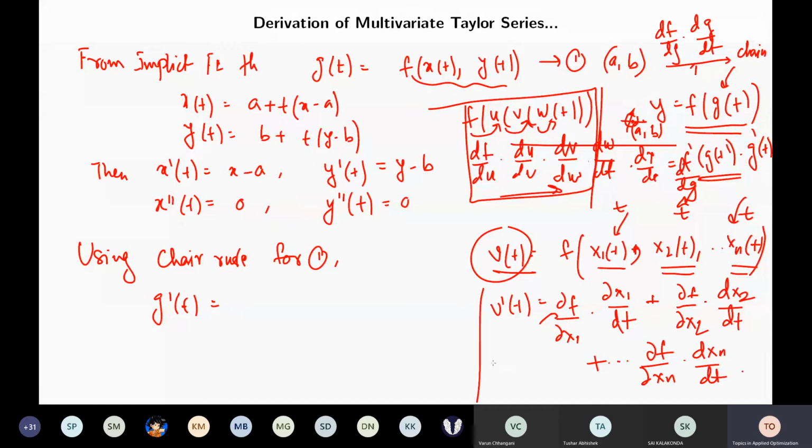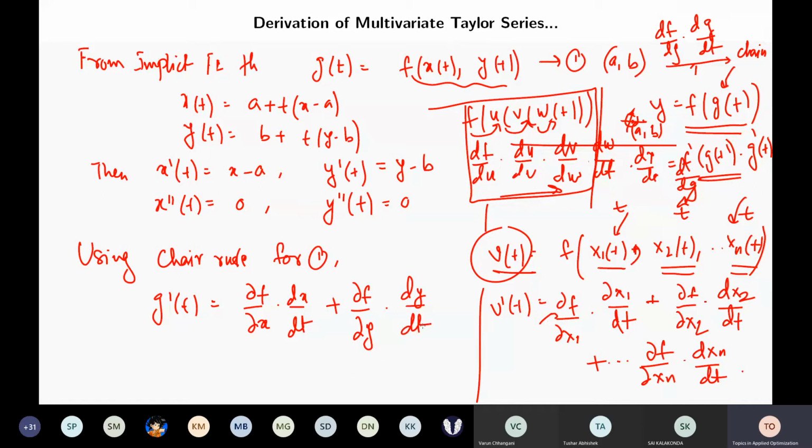So these are the results that we have from calculus. Here we need a smaller version of that. This is just the two variable case, but the idea is simple. So we have del f by del x and dx by dt plus del f by del y times dy by dt.